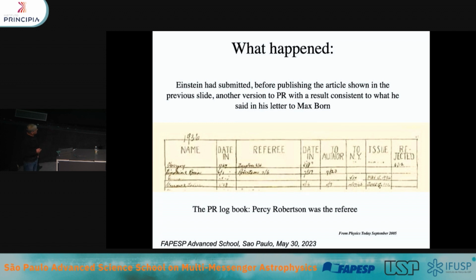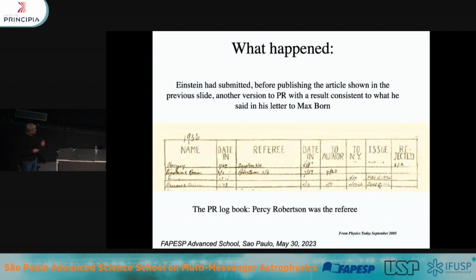And so he withdrew the paper, and eventually, what is interesting is that there was a lot of conversation with Robertson, and Robertson, without ever revealing his identity, told him exactly what was wrong. Einstein learned what was wrong, and then he submitted the paper for publication in its correct form.